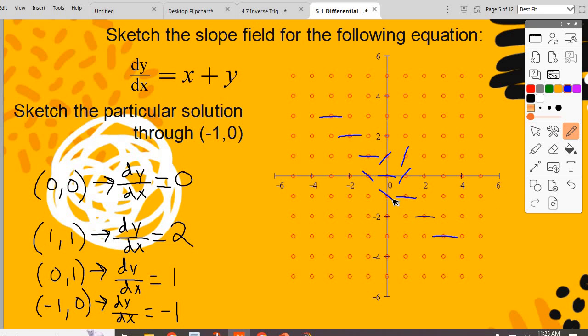Alright, so again, let's continue on and just fill in a couple more values. So when I'm in my fourth quadrant, notice that my x values are going to be positive, but my y values are going to be negative. So we will usually get a negative value.